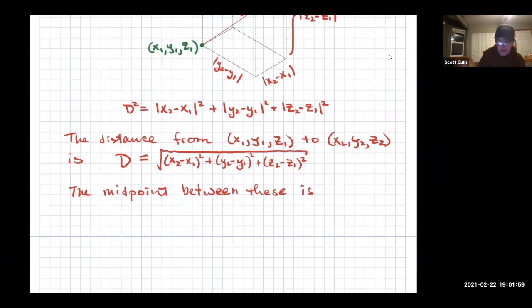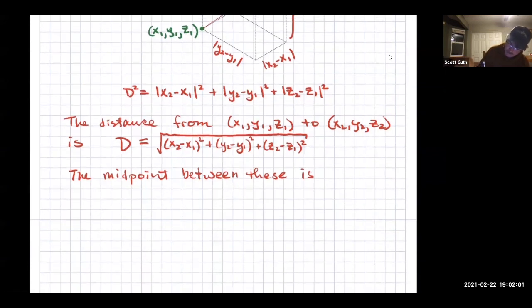Now and then they may ask you for a midpoint, but mostly this is not a real important formula. You just average the two points. You average the x's and then the y's, then the z's. So instead of subtracting, you add these and divide by 2 to just average them. That's the definition of the average of two points. It's the midpoint.